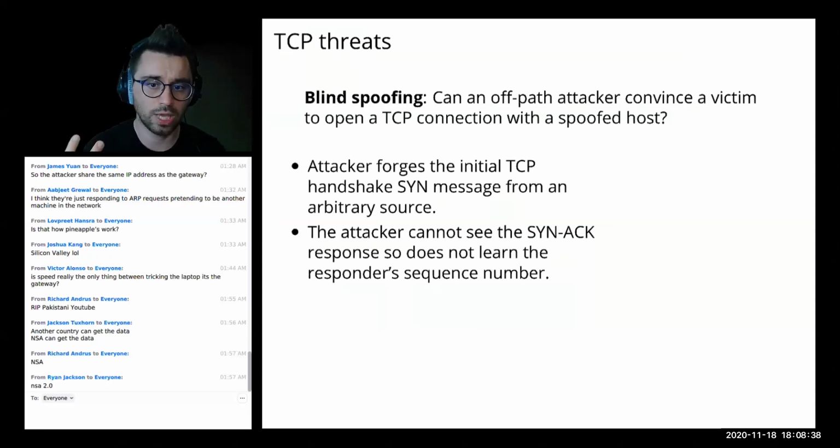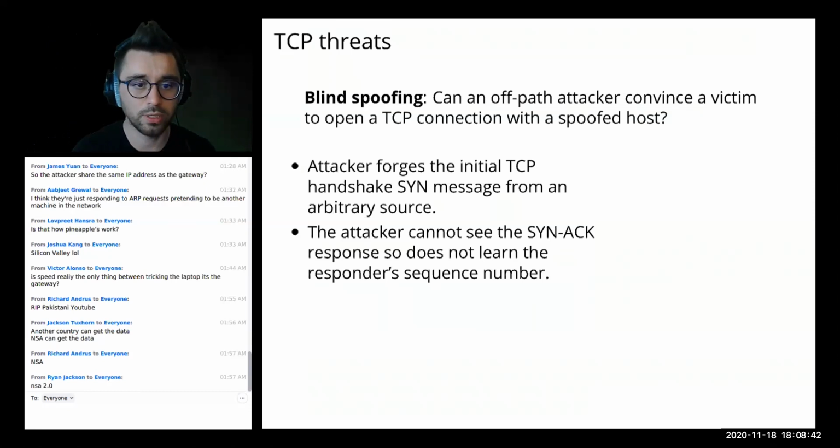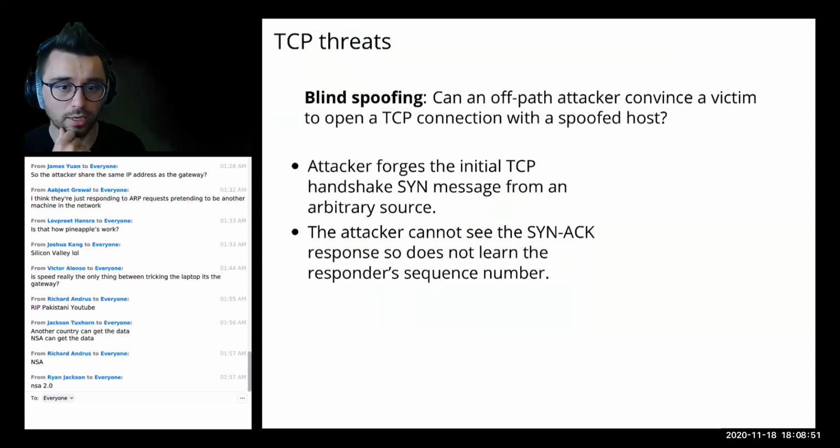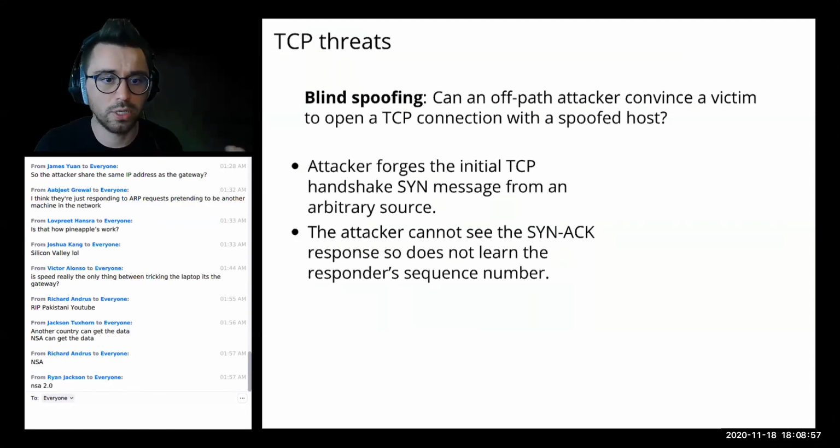So how are we still able to create a real connection between the victim and whatever the destination host is? We essentially have to be able to guess what the SYN ACK really looks like so that we can do the equivalent of learning what the responder sequence number is.